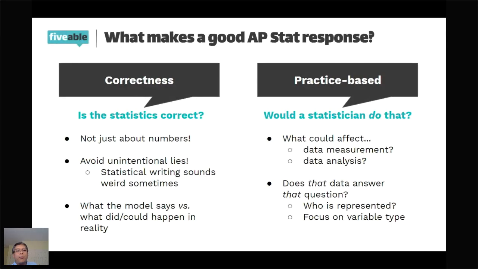Just to give you an example of what I mean by writing responses to this kind of question, I want to look at some parts of question 6, last year's released question 6. There are also some really good fun statistics in this particular example. So let's briefly take a look at that.